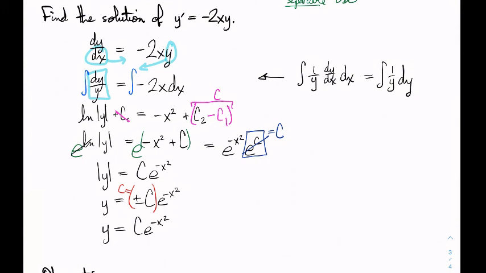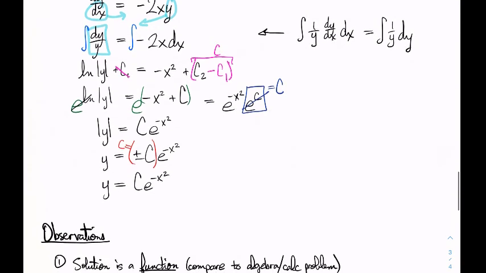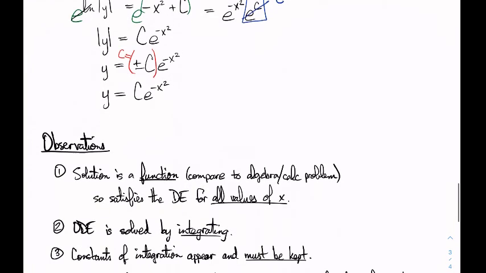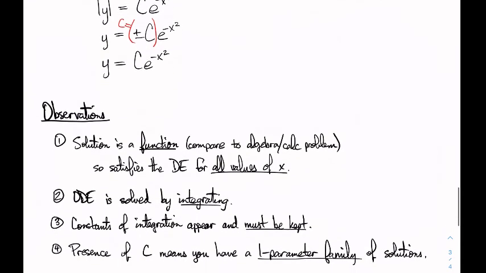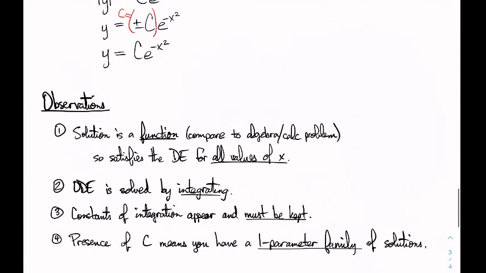Okay, so now let's look at some observations from what we've obtained here. So first off, the solution is a function. Just as was mentioned back in the very, very first lecture, the solution is a function. It's not a number. So this is different from what you're used to from algebra or calculus.